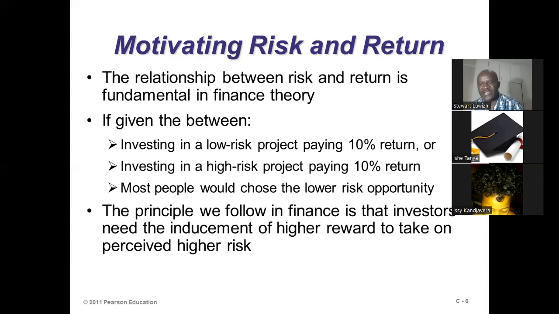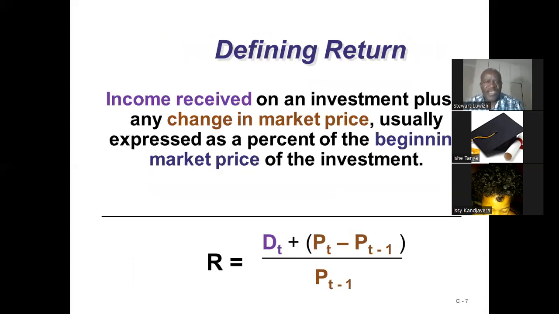So the higher return will be needed in order to compensate risk, right? Looking at what risk really is, it's basically uncertainty. We can define risk as the chance of getting a loss in an investment or an undesired income.